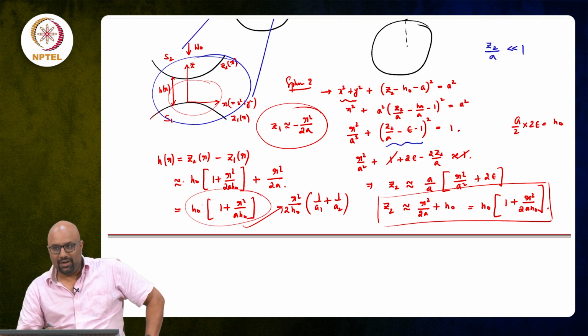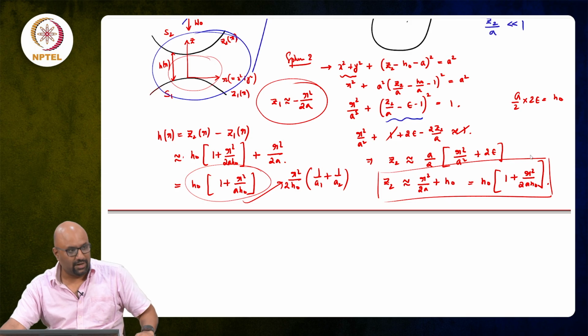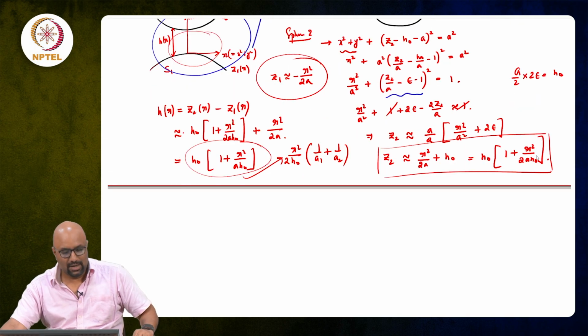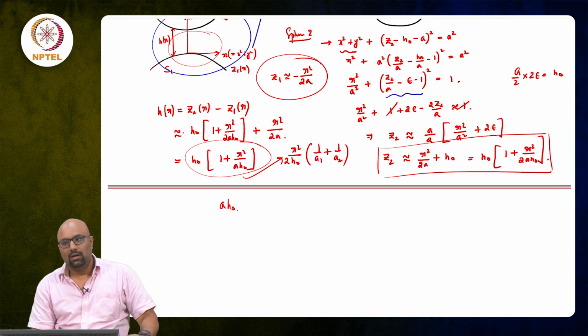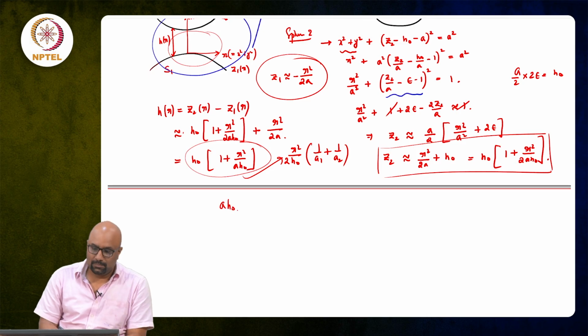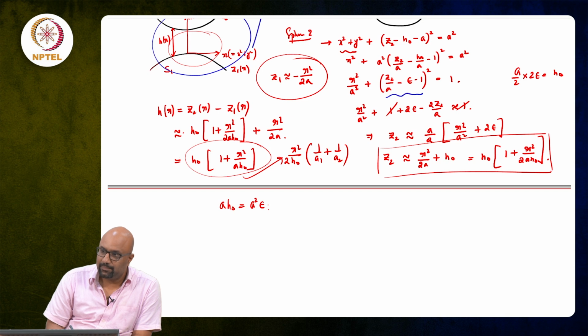So, now if I want the curvature term to actually be as important as the first term. So, finally what I am trying to say here is that A H naught, what is it in terms of epsilon? This is A square epsilon, right.